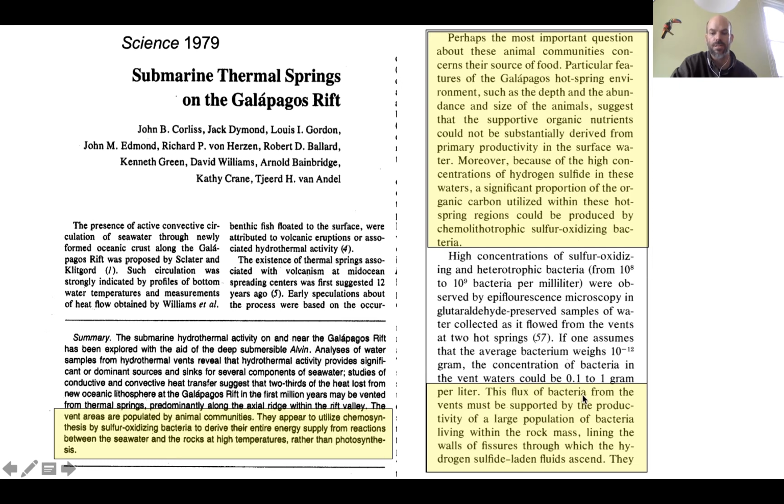This flux of bacteria from the vents must be supported by the productivity of a large population of bacteria living within the rock mass, lining the walls of fissures through which the hydrogen sulfide-laden fluids ascend.